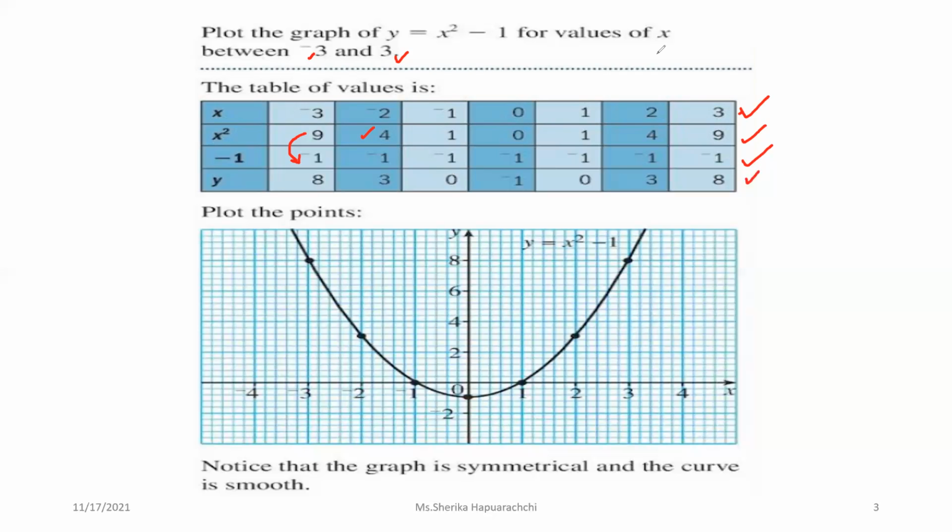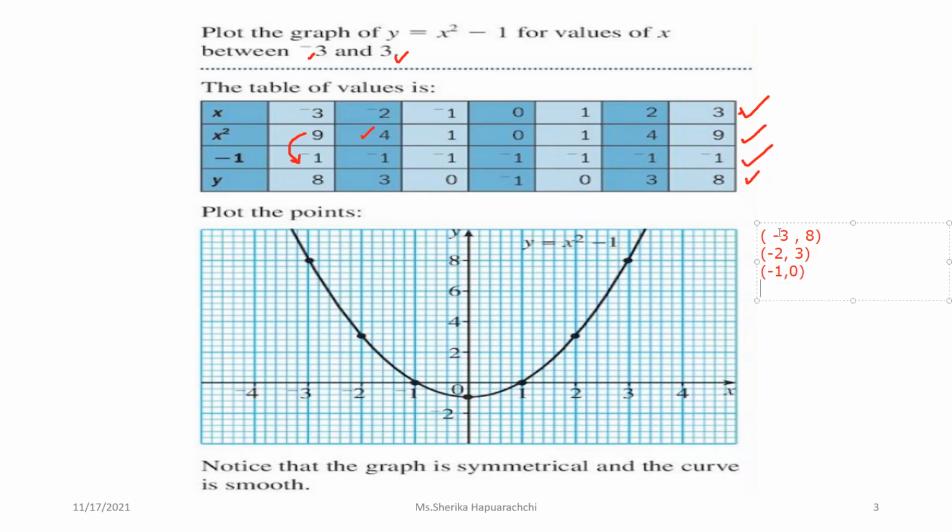After that, when you get your answer, you can write your coordinates. We know we write the x value first. My first coordinate is -3, 8. My second coordinate is -2, 3. Third one, -1, 0.